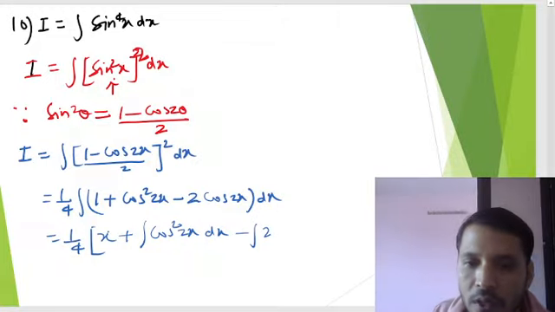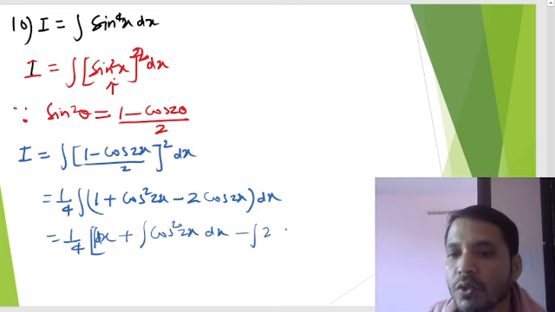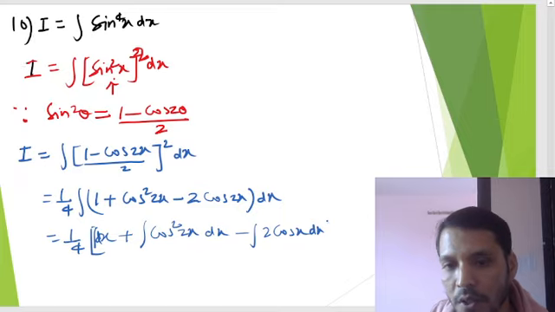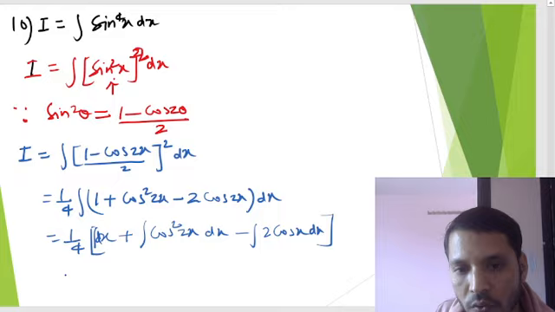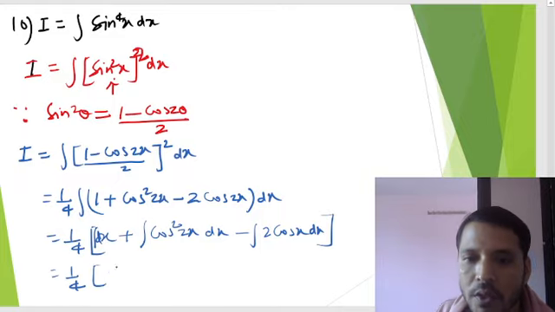Here also let me write as it is, we will integrate in the next step. dx we are writing, so 2 cos 2x into dx, right?